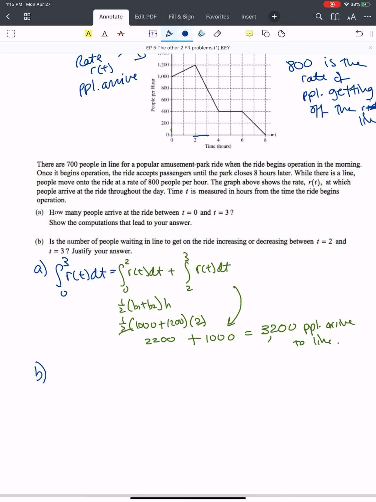From 2 to 3. Now, the people who are getting off, that is y equals 800. So that's the rate of them getting off of there. So between 2 and 3, that would represent this rate, this part here, right? That means the rate of people arriving online is greater than the rate of people getting off the line.